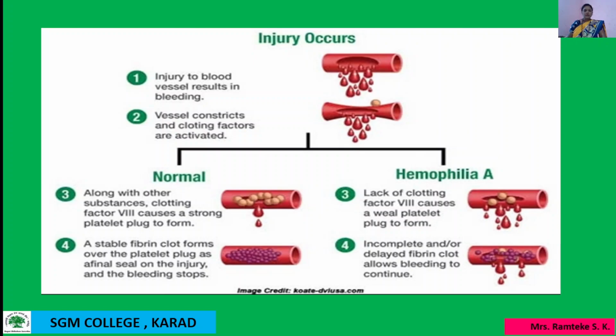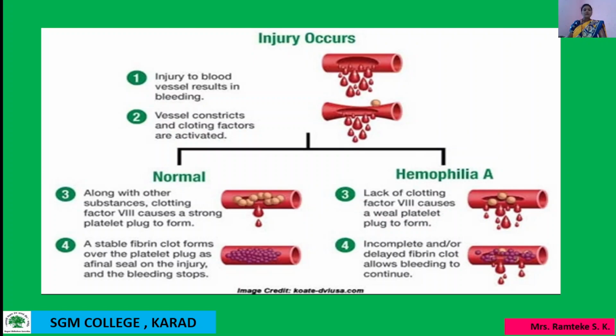Hemophilia is also referred to as the royal disease. Why is hemophilia called the royal disease? Because it affected the royal families of England, Germany, Russia and Spain in the 19th and 20th centuries.